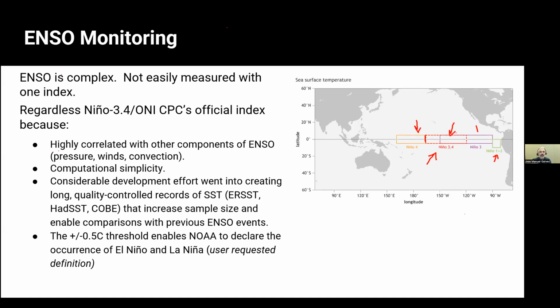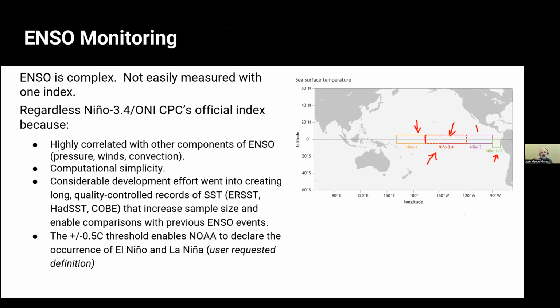In order to classify it, you need to verify that the event is going to be persistent. So if you get a little warming, you can't just call it, oh, do we have an El Nino, right? No, you need to make sure that that warming is going to persist for a period of time, that it is going to be extended over an area, and that it is associated with other factors. So that's why to call it El Nino or La Nina, you need to wait for 3 consecutive trimesters of an anomaly.